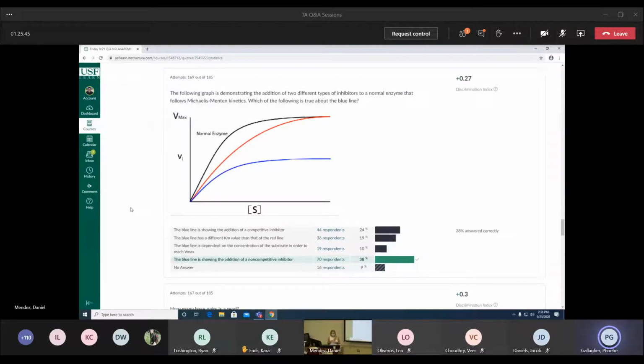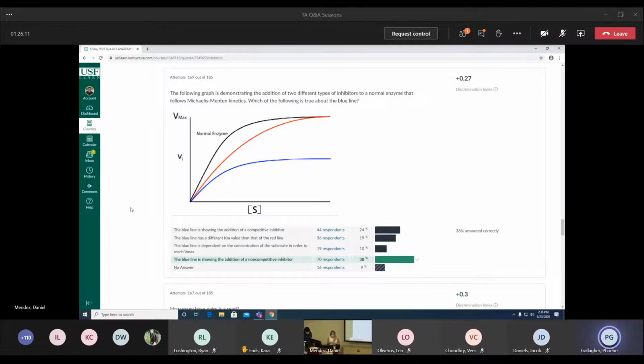So right away, if it doesn't reach Vmax, you know that it's going to be a non-competitive inhibitor. So that's why the last option is the correct option. The first option that states the blue line is showing the addition of a competitive inhibitor, that's incorrect because the competitive inhibitor would look like the red line, where it takes a little bit longer to reach Vmax, but it is still able to reach it.